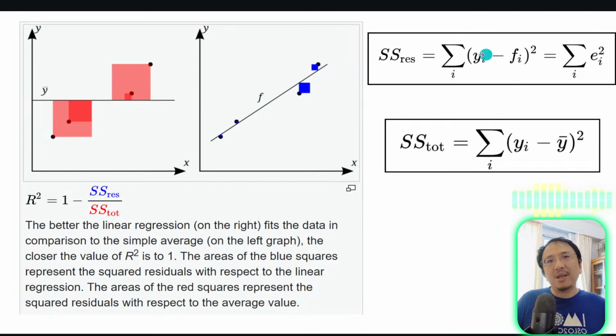Of course we need this one, but we also need another one. It is called the total something, SS total, but I like to call it the baseline error. You can see what our baseline is. Our baseline is simply the average of the testing data, that is y bar.